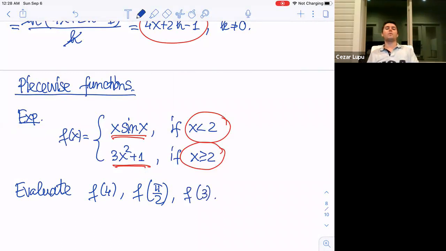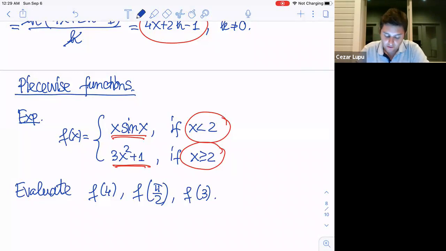So we want to evaluate these values through our function f. And well, you have to look at how the function is defined. Like I said, it's a piecewise function. So you need to look at it very carefully.